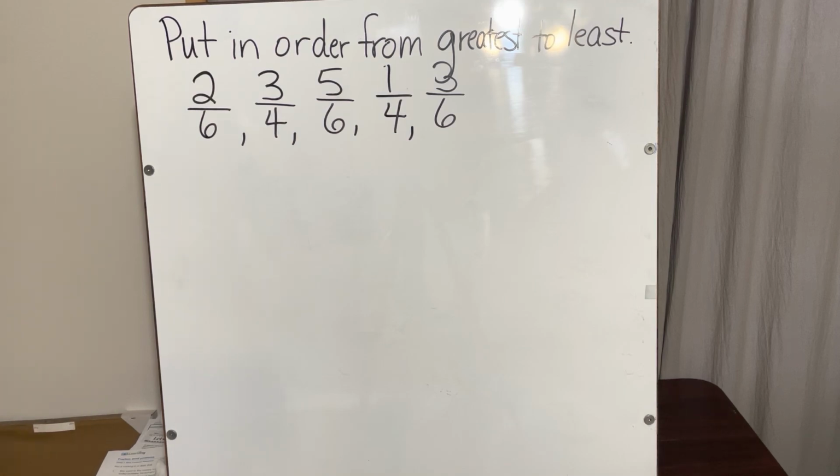So there are two different strategies you can use for this. The one that you're most familiar with probably is the common denominator, okay? So using common denominator would be one way you could do this. You could also use a benchmark. So here I would use a benchmark of half, okay?